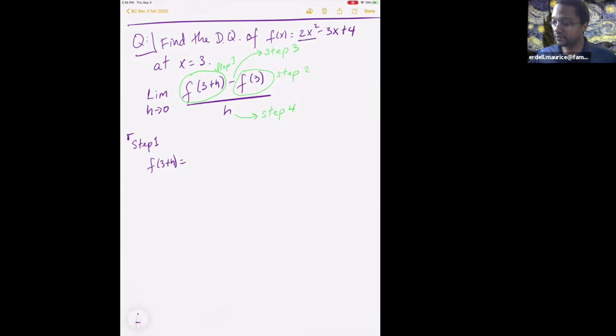And so therefore, this thing is going to be 2 times 3 plus h squared. The function then says minus 3x, so it's going to be minus 3 times 3 plus h, and then ends with plus 4, and that's going to be a plus 4 right here. Any questions on plugging in 3 plus h into the function?